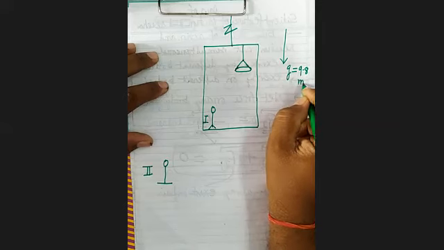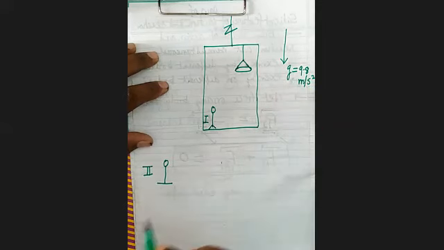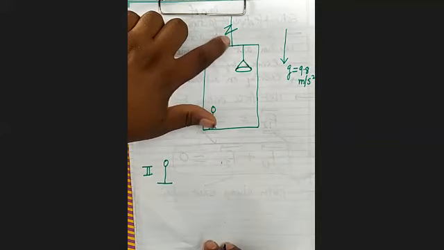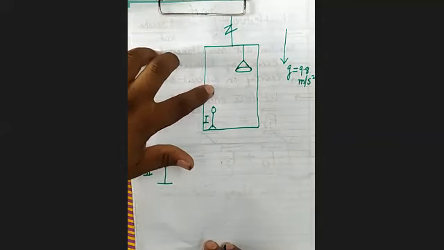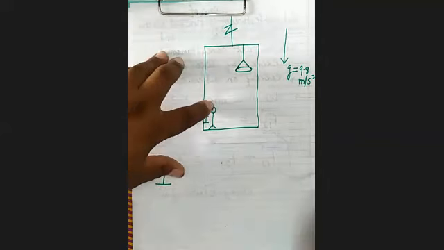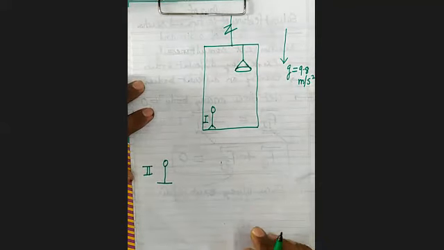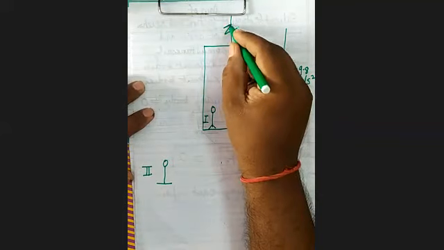Is this clear or not? But when it is supported by the string, it comes down with a constant velocity. It's clear? Suppose at any instant this string breaks.